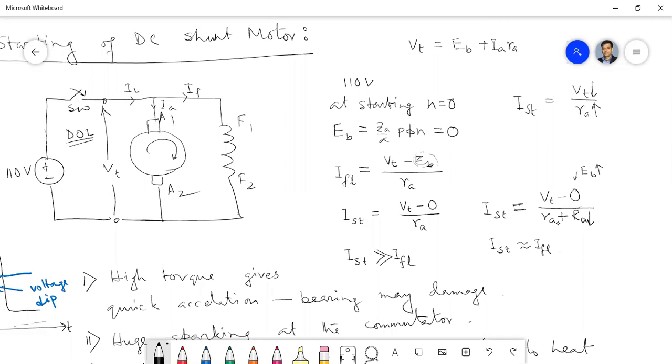Somehow, if we reduce the voltage at the beginning, don't give the full voltage at the starting. Suppose you give only 40 volt, then you apply 60 volt, then you apply 80 volt. So step by step, if we increase, then also I can get rid of this problem.